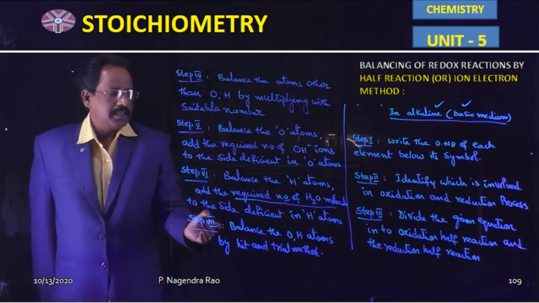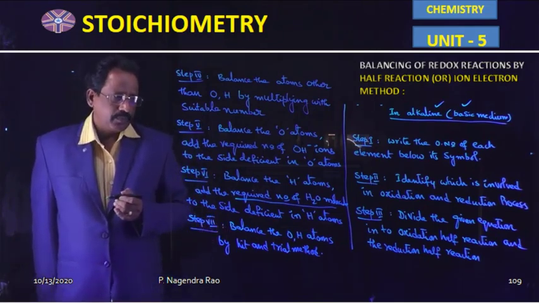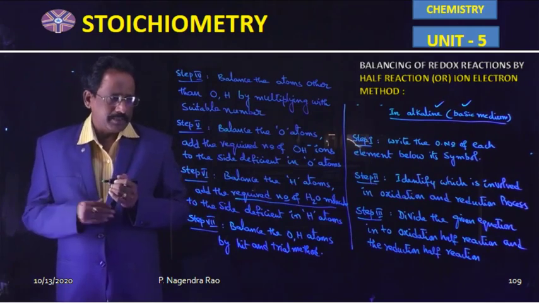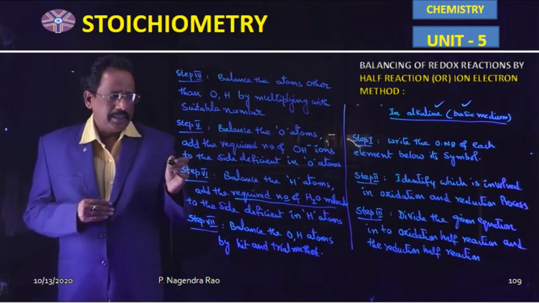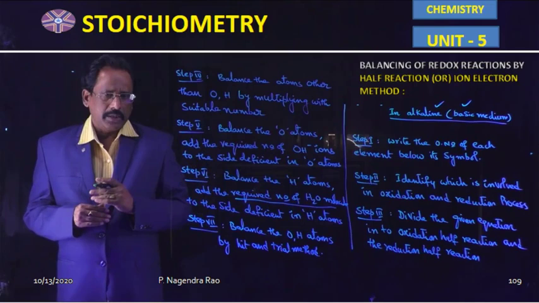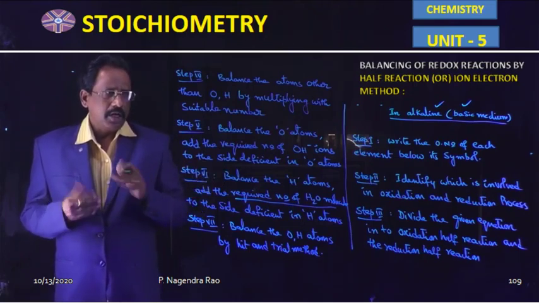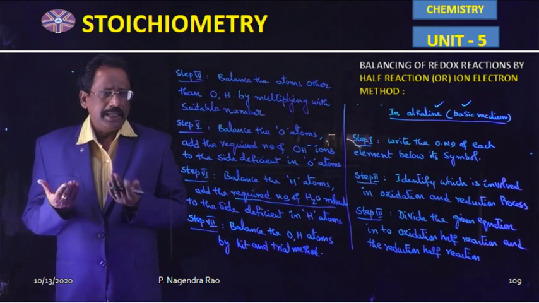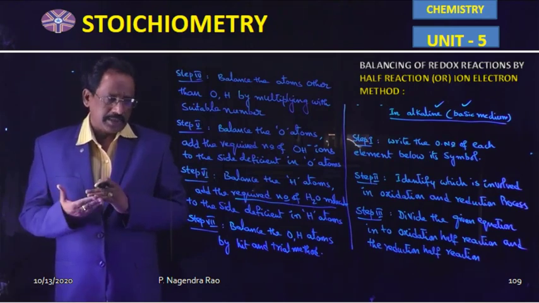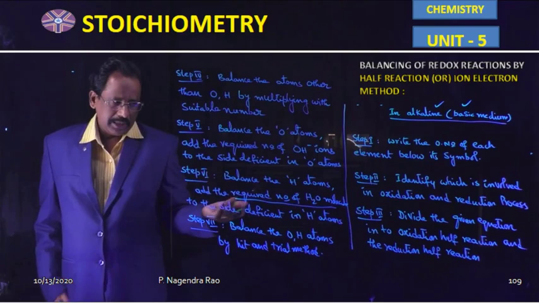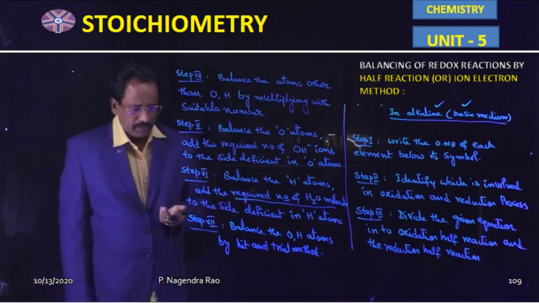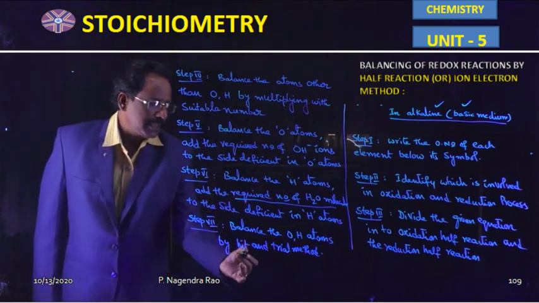So this is the new point here. To balance the hydrogen atoms, if you add the required number of H2O molecules to the side deficient in hydrogen atoms, automatically the hydrogen and oxygen numbers vary. So after that, balance those two atoms by hit and trial method.